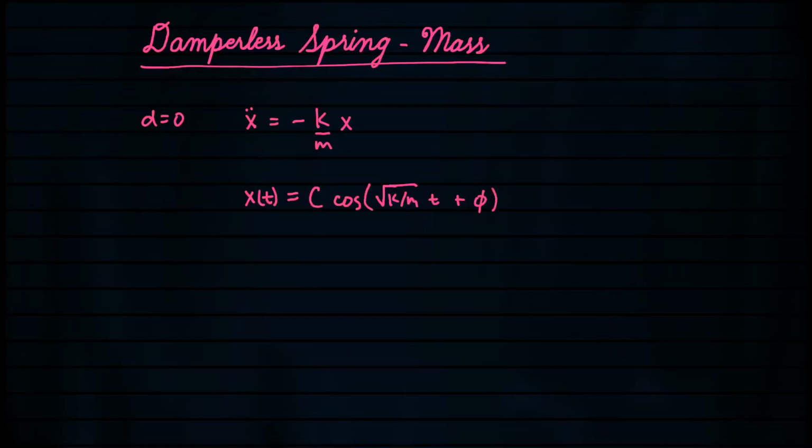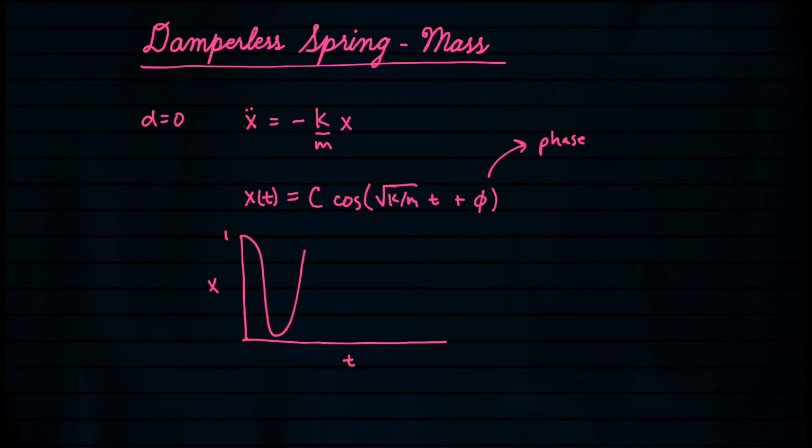And phi is going to be essentially the phase of the spring. What we're going to end up getting, as you can imagine, because we have the cosine, is just that cyclical motion of the cosine.